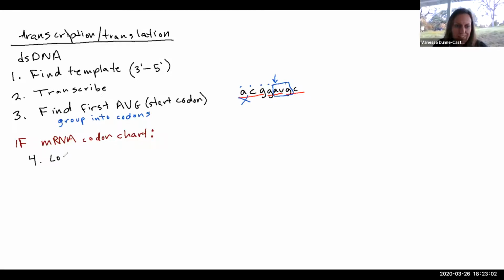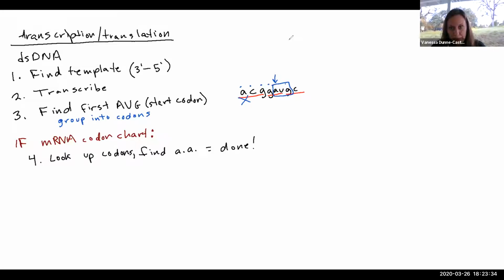Look up your codons on the chart, find the amino acids, and you're done. So if you have an mRNA codon chart, after you've found that first AUG and grouped everything into codons, you simply go to that codon chart and look up each of those codons, write down the amino acids in the sequence, and you're done. You found that translated polypeptide product.